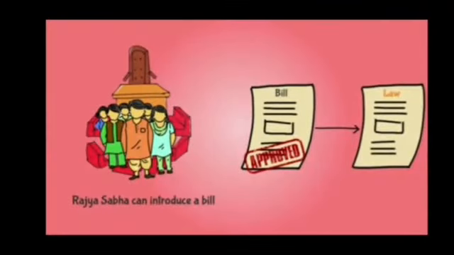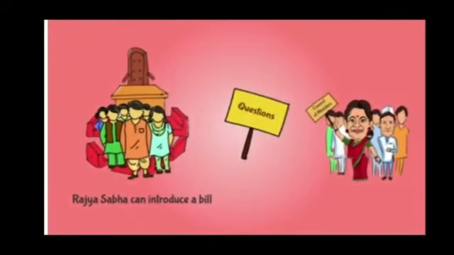Like Lok Sabha, even Rajya Sabha has the power to discuss and introduce bills. The approval of the Rajya Sabha too is necessary for converting a bill into law. The members can put questions to the ministers and criticize the government's policies.